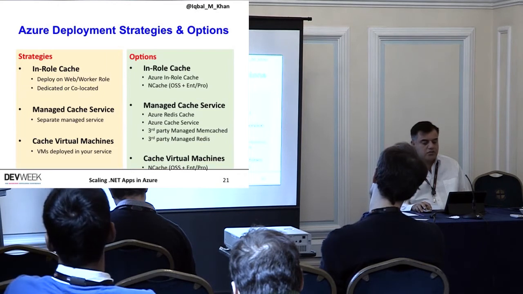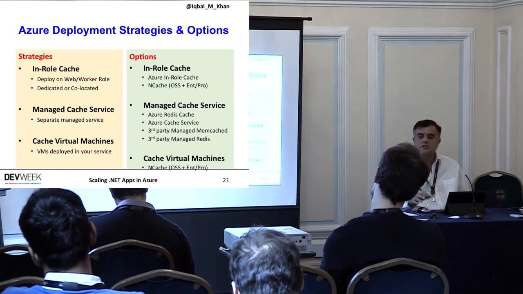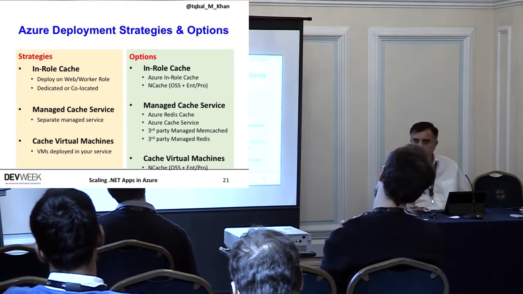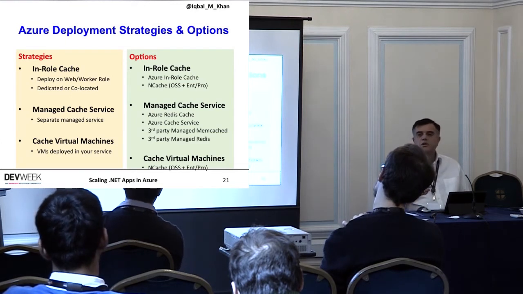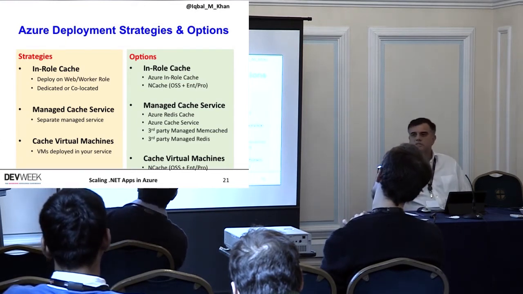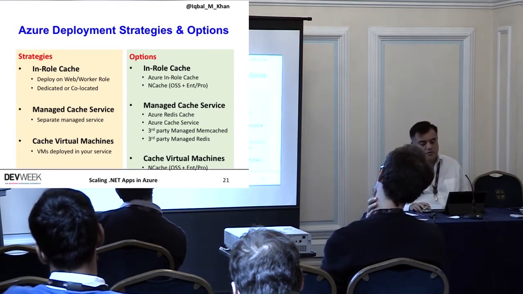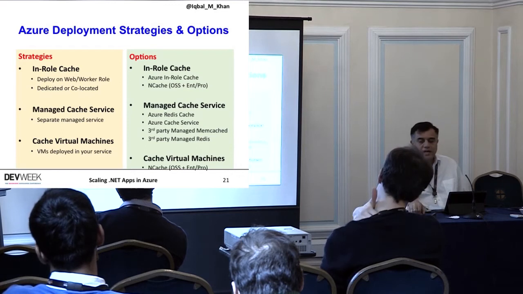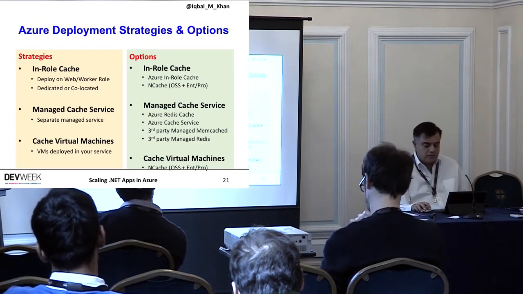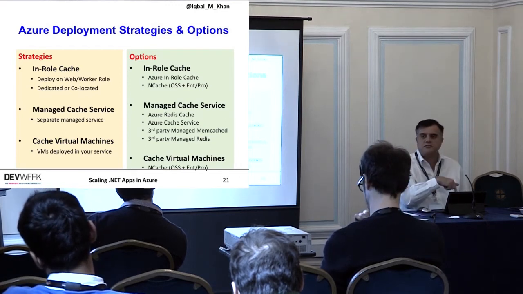So then the cache could either be co-located, which means it's on the same role as your application, or it's dedicated, meaning that you have, let's say, a dedicated worker role, which is just for the cache. Strategy number two is that you use a managed cache service. That seems to be the most popular strategy from Microsoft's perspective.